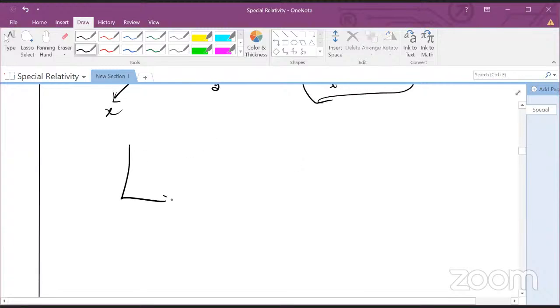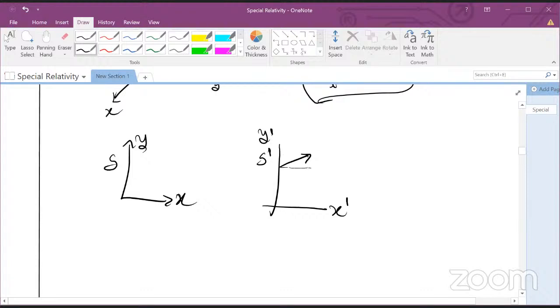Say we have the x-axis and y-axis in S, and we have x dash and y dash in S dash. Say the frame is moving like this. It has a vy component and a vx component in this velocity vector.